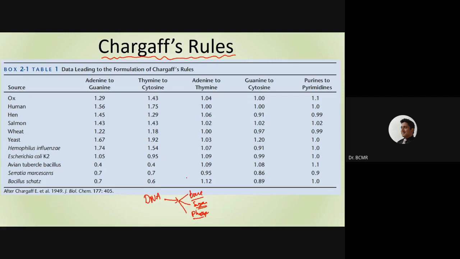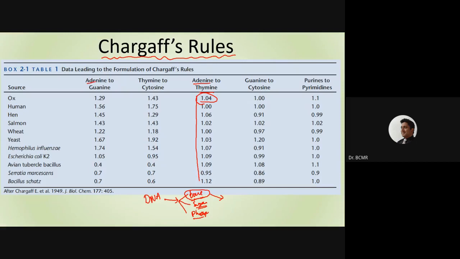So Chargaff did something different. I don't know why he did it, but I think it was crucial for the elucidation of the structure of DNA. What he found is that there is always a correlation. That is, adenine to thymine is almost always 1 or very close to 1. You can see in all of these.